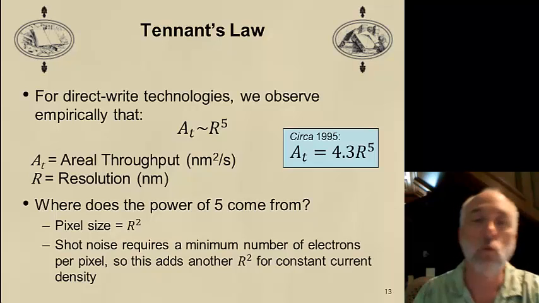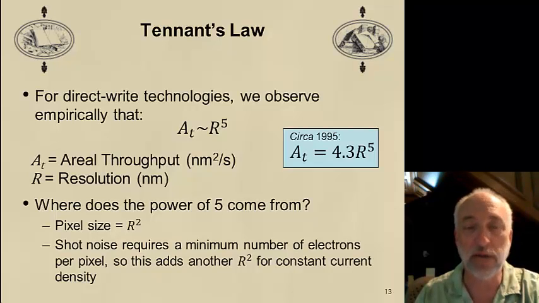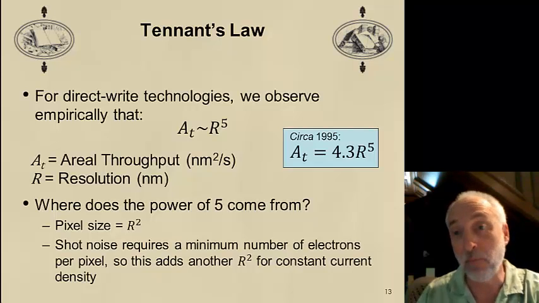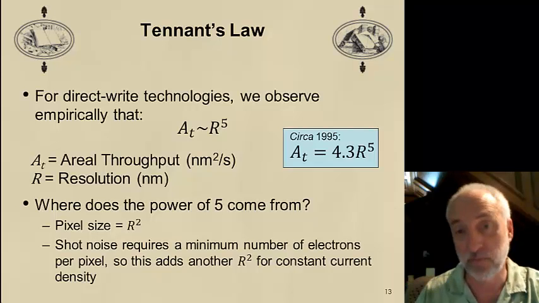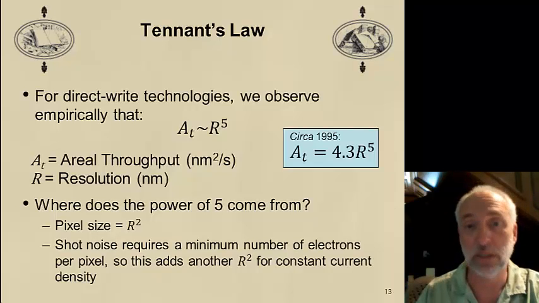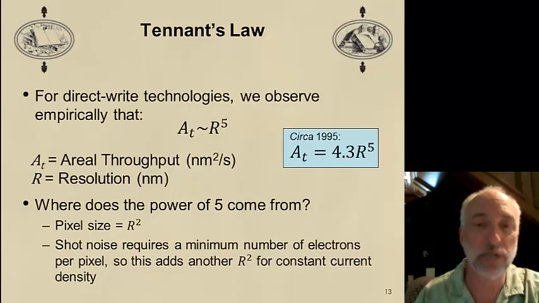Now, what does that mean, and why is that true? The areal throughput is resolution to the 5th power. That means if I build a tool with higher resolution so that R becomes a smaller number, throughput goes down. How much?